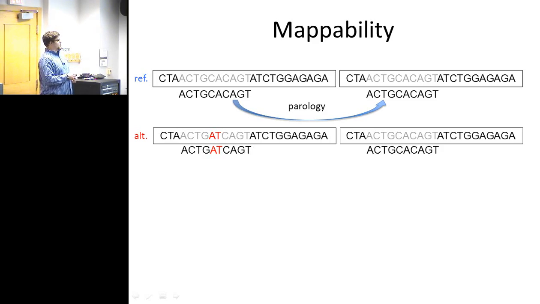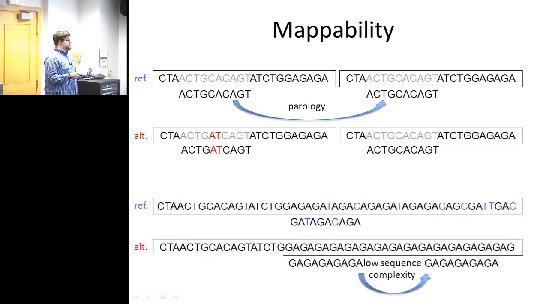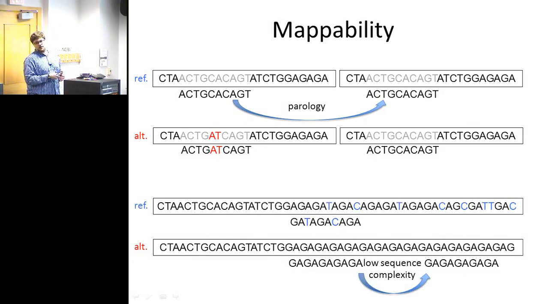However, in this alternative genome, because of a couple base changes here between these two paralogs, we can fully distinguish any reads overlapping these two base differences from this other copy elsewhere in the genome. Another issue that can affect genome mappability are regions of low sequence complexity.